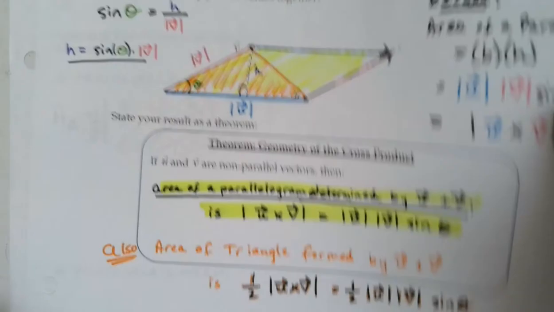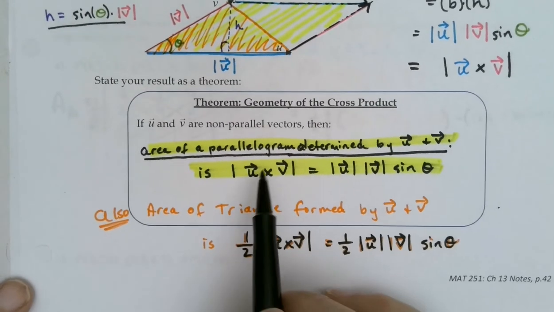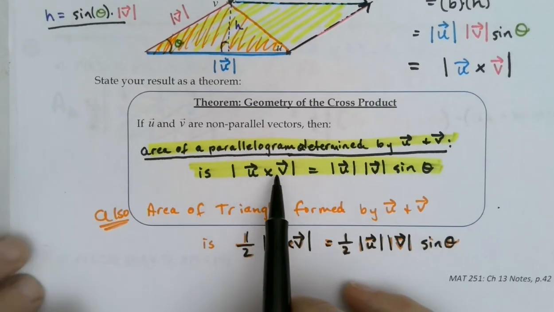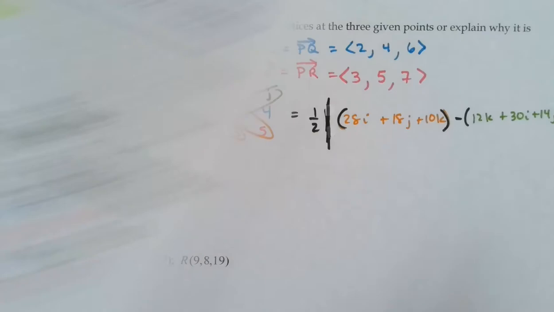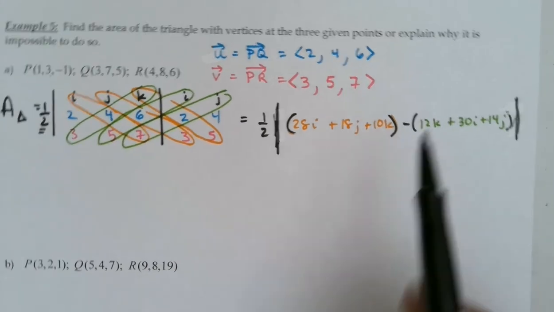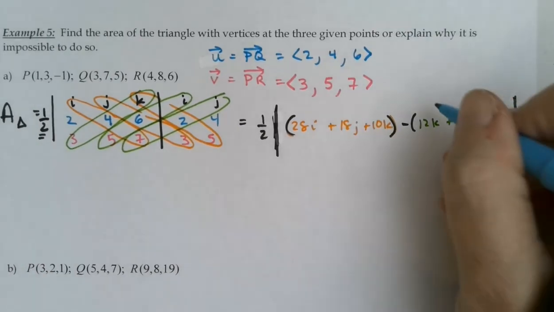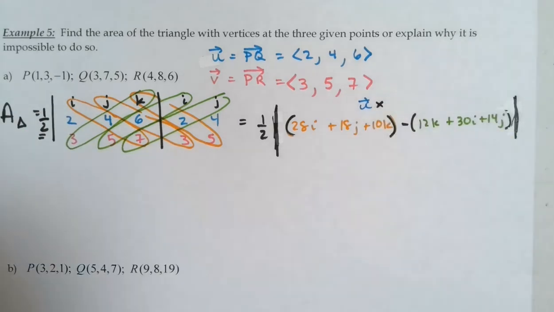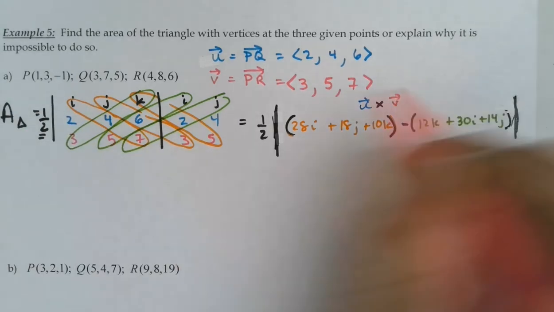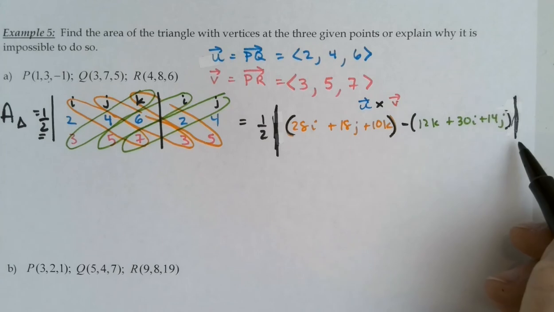Because my formula says I want to take the magnitude of U cross V, and then multiply it by half. I'm actually doing the triangle one down here. So this is U cross V right in here, but I still need to find the magnitude of it. That's why I'm leaving vertical bars over it.